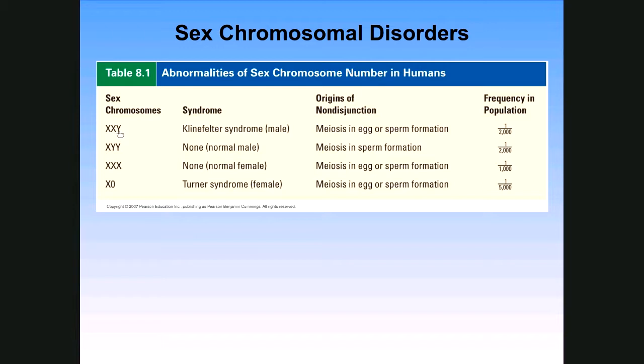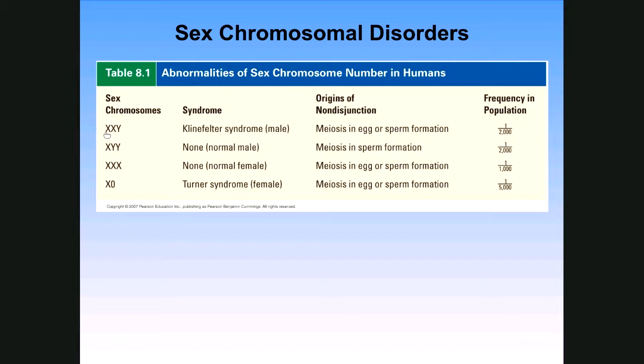There's always a Y. So when it comes to Klinefelter syndrome, it's a type of aneuploidy, but it only occurs in males. Second, it's not showing you everything over here. It's just showing you where the aneuploidy has occurred, okay? Where the incorrect number of chromosomes are located. For Klinefelter syndrome, this is where a male inherits too many X chromosomes.